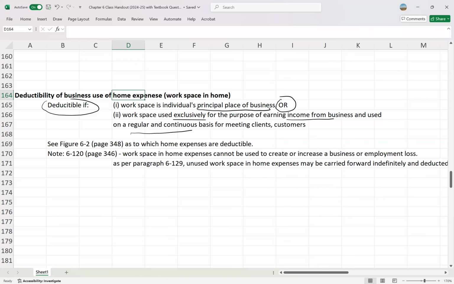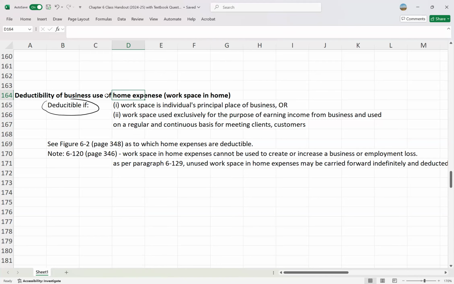So if you have a home office and it's only used as your home office, you're not using it as a dining room table, you're not using it as a TV room, it's used exclusively as your home office, and you're using it to earn business income and you meet clients regularly, could be even virtual client meetings, then that would also qualify for you to deduct home office expenses as well. So remember, this is an or statement, and as long as you meet one, then you would qualify to deduct home office expenses.